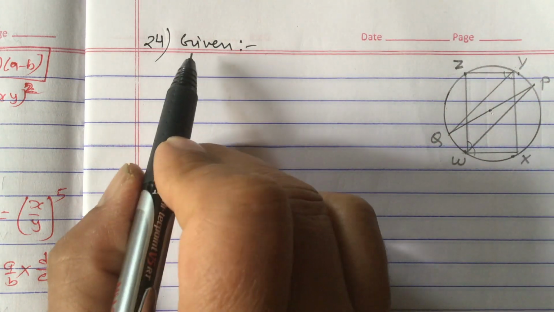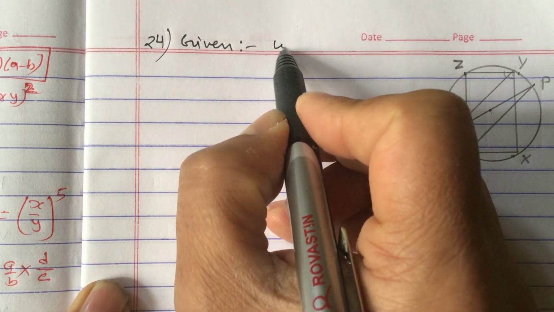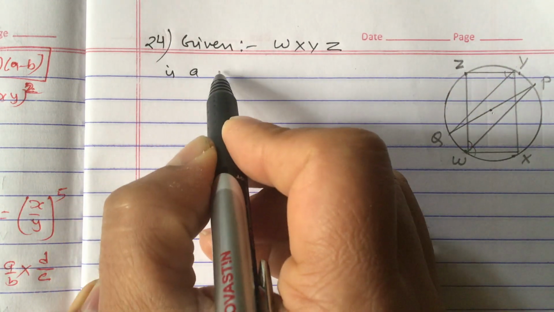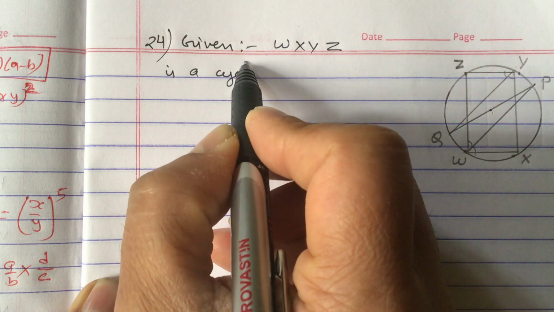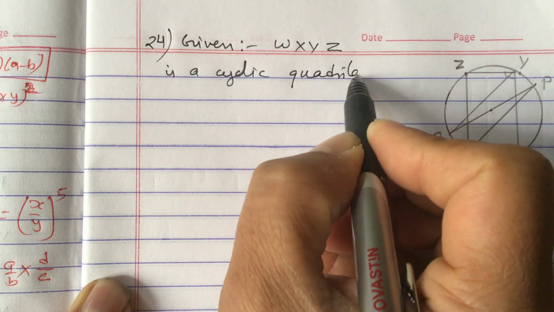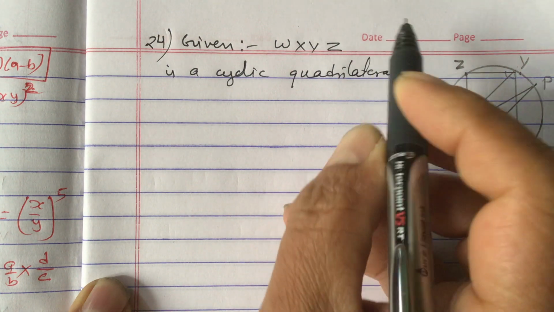So given: WXYZ is a cyclic quadrilateral.